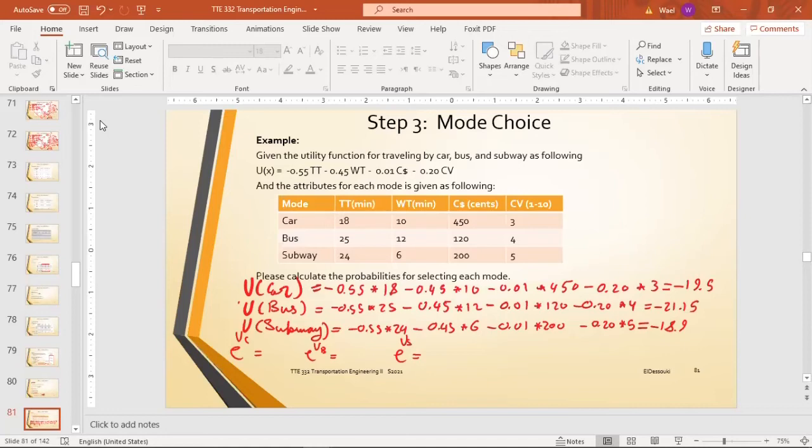This is going to be 3.398 multiply 10 to the power minus 9.